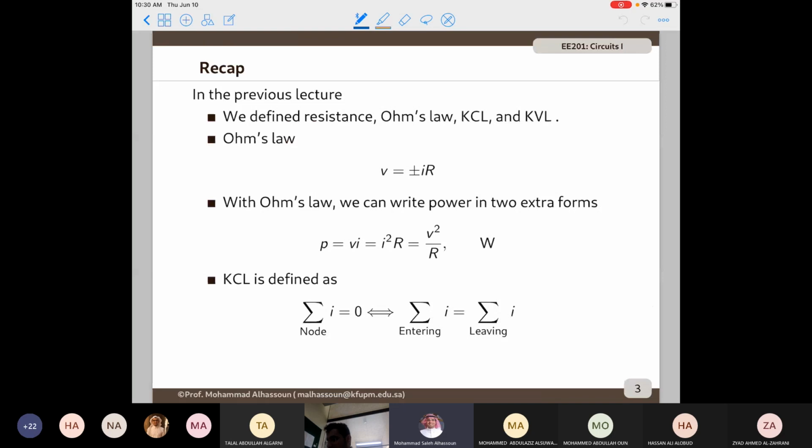If you recall from the previous lecture, we defined Ohm's law, KCL and KVL. We briefly introduced KVL.